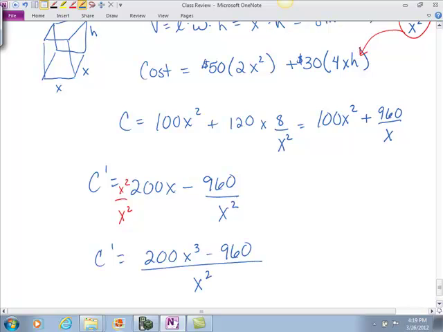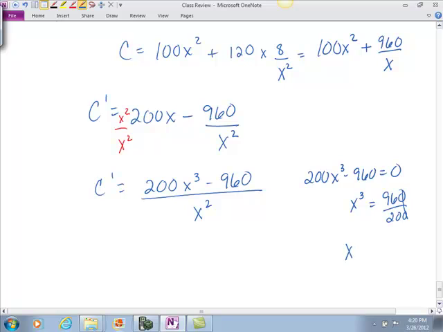And remember, obviously it doesn't make sense for x to be 0, which is where your derivative would be undefined. So we also just want to know where the derivative is 0, which is where the numerator equals 0. So we'll have 200x cubed minus 960 equals 0. So x cubed is equal to 960 divided by 200.